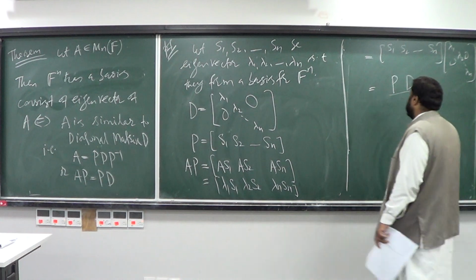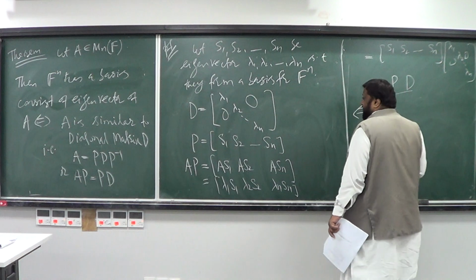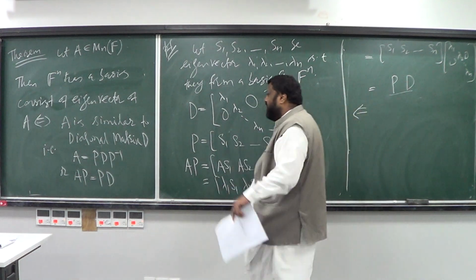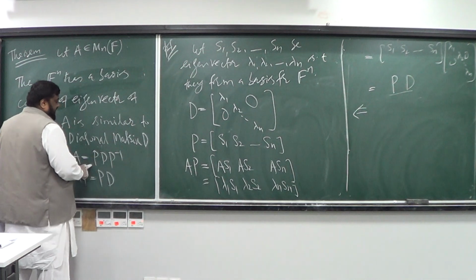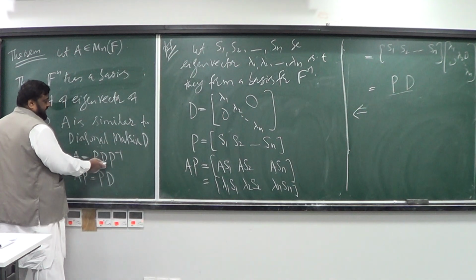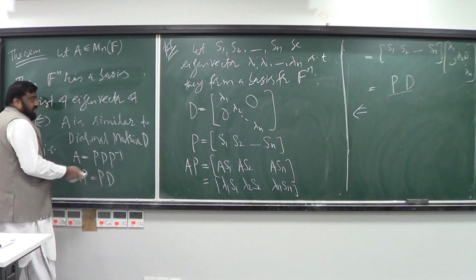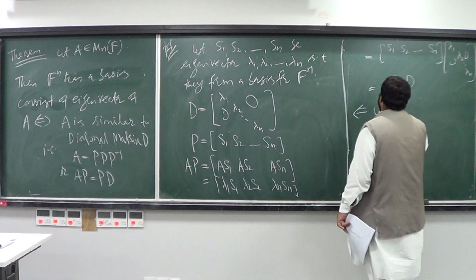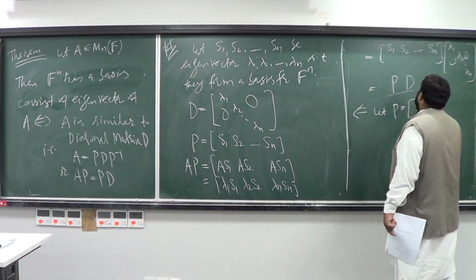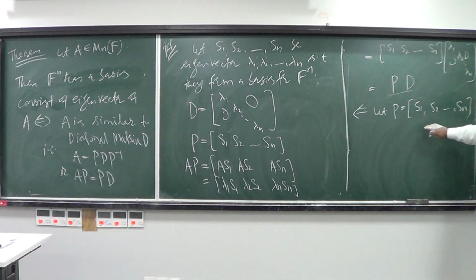Let's prove the converse. For the converse, we have to show that there is an invertible matrix P and a diagonal matrix D such that A can be written in this manner. So let's take a matrix P, and it's S1, S2 up to Sn. Keep in view that the S's are not eigenvectors.